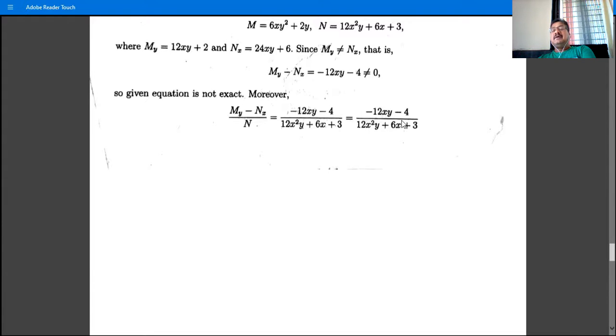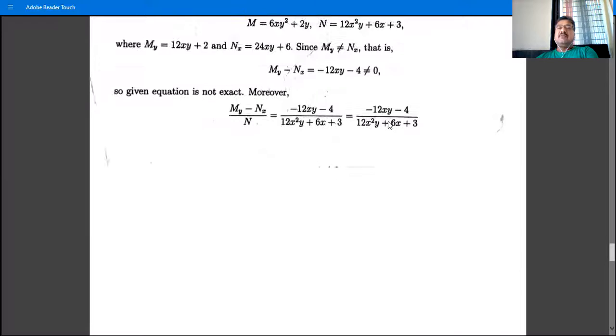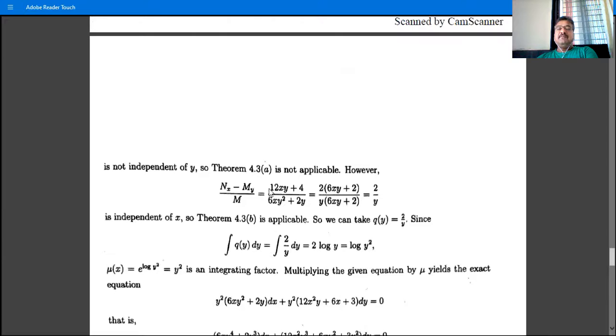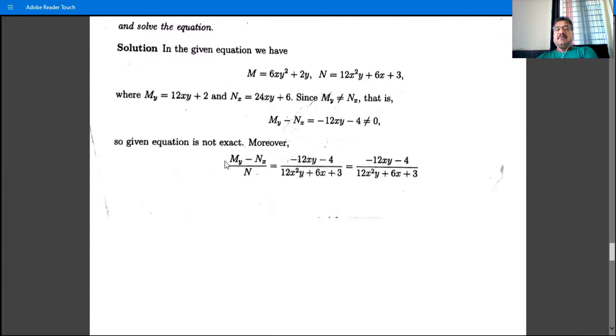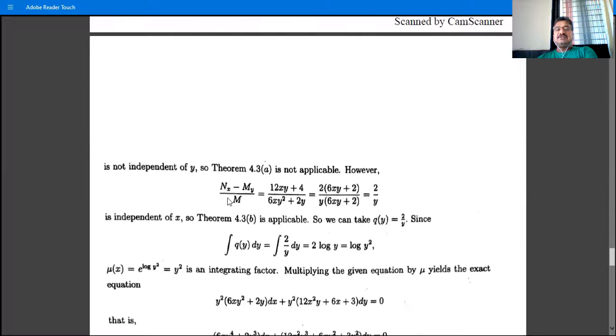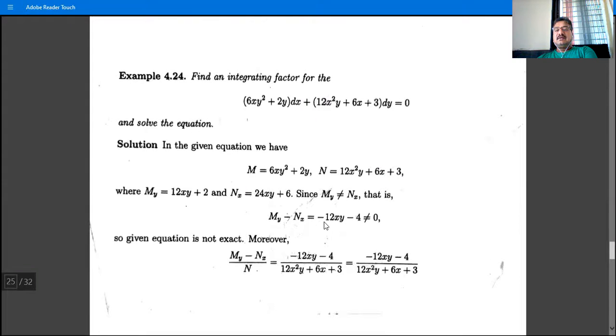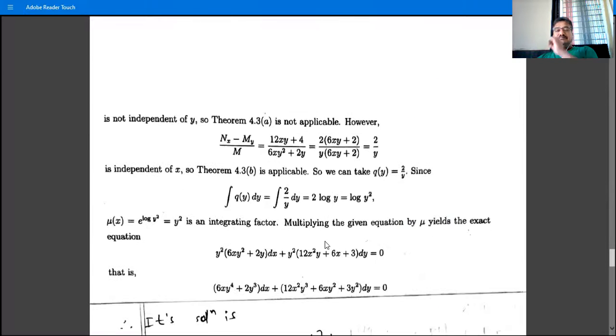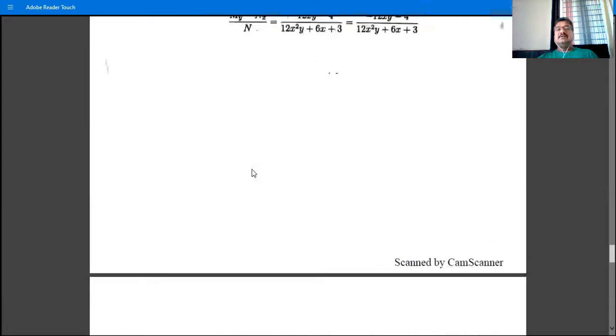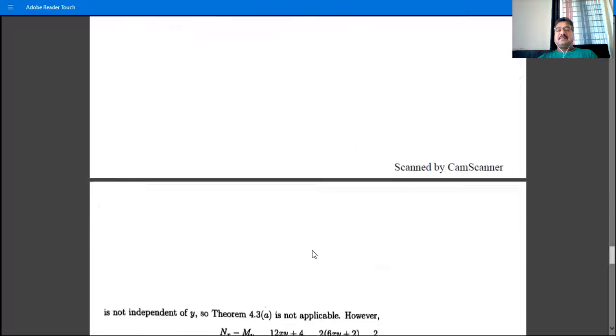It is not purely a function of x or independent of y, and therefore we find instead of My minus Nx, Nx minus My divided by M. So Nx minus My is this, plus 12xy plus 4, divided by M, which is 6xy square plus 2y.